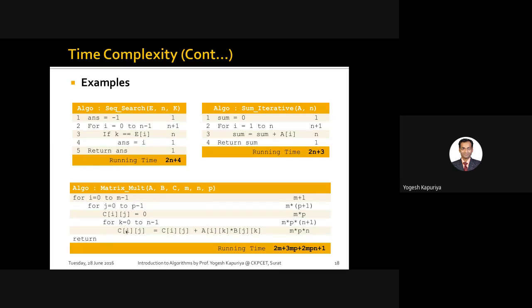That is the same. So this is a very simple approach. Initially assume that Cij is equal to 0. Cij means the value of the resultant matrix. So it is equal to this.